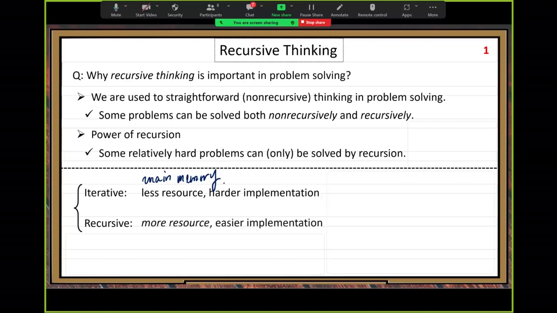More resource, but easier implementation. From an implementation point of view, compared with the iterative algorithm, you can write much simpler implementation code.